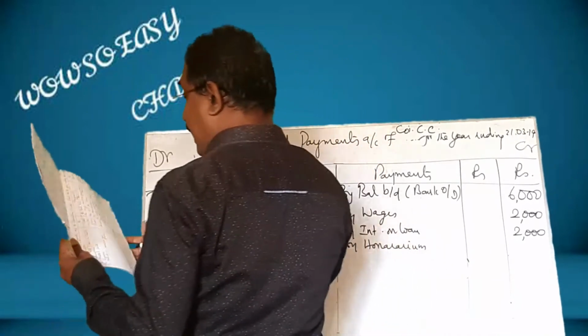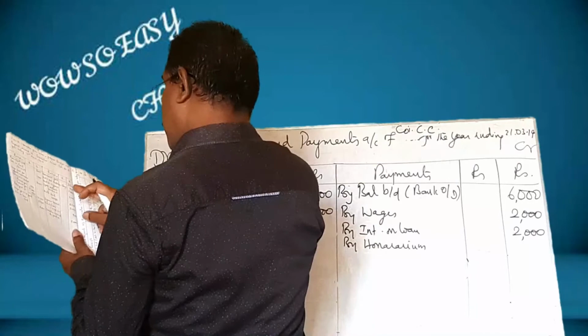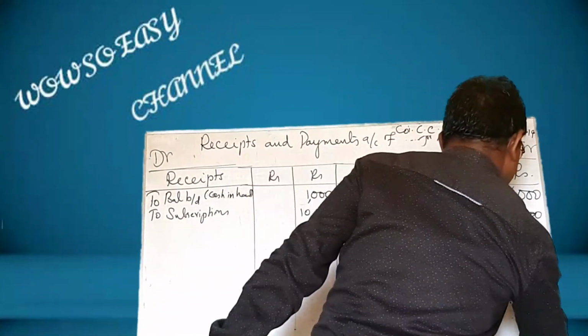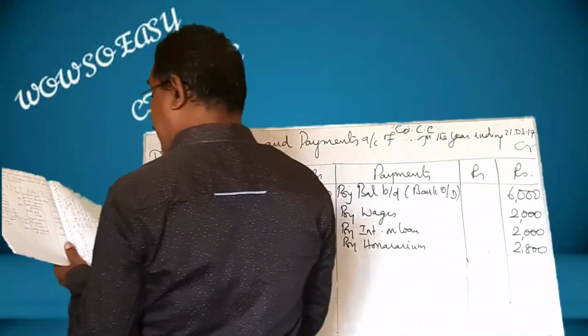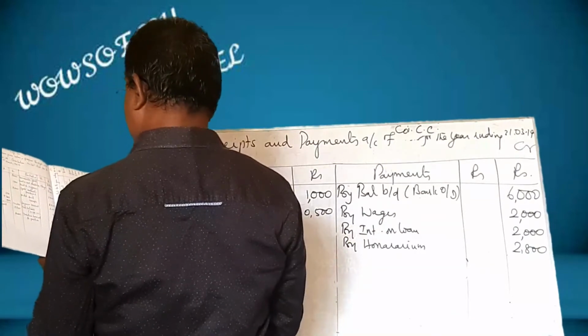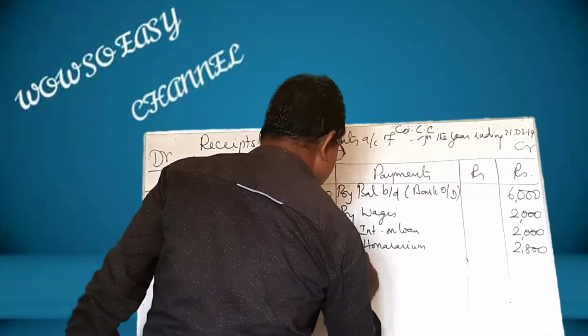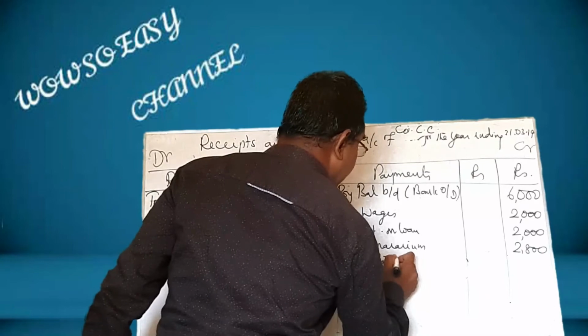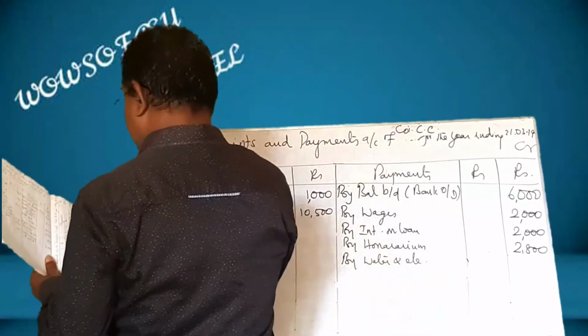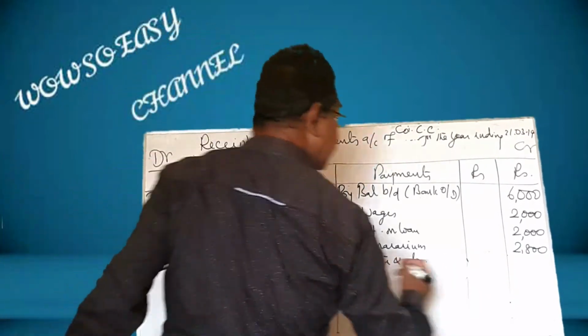What is that amount? 2,800. And match water and electricity charges by water and electricity charges. What is that amount? 700.